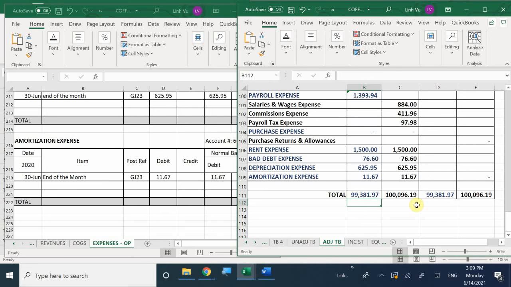Oh, you're kidding me. So that one's right. On my debits, I got 99,382.57. Let me try my formula again. 381.97. Oh wait a minute, hold it.